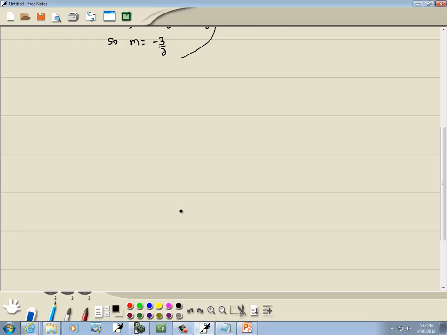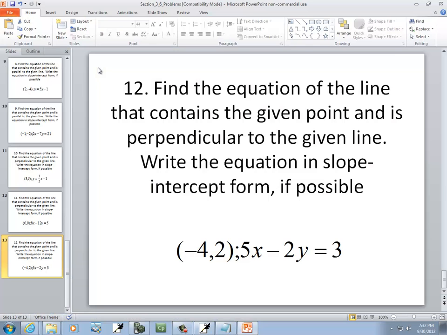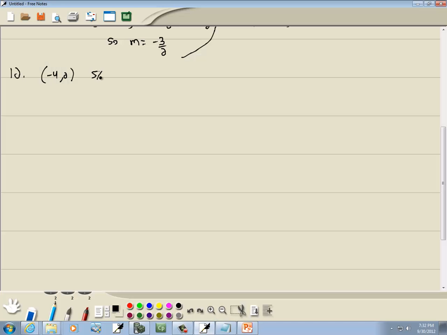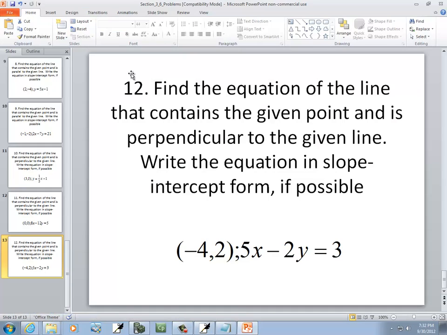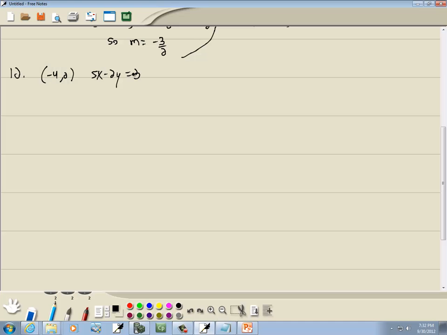One more problem. We got (-4, 2), and 5x minus 2y is equal to 3. Okay, first step is to find m. Well, again, remember we write the given line in slope-intercept form. So we're going to take our 5x minus 2y equals 3 and solve for y.